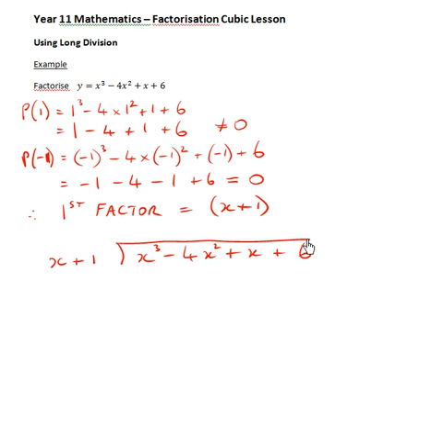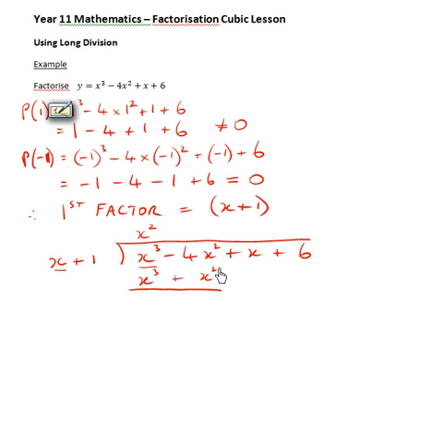What you do then is you focus on the x's and you say, how many times does x go into x cubed? And the answer is, it goes x squared times. You then multiply x squared by x plus 1. So you say x squared times x is x cubed, x squared times 1 is x squared.